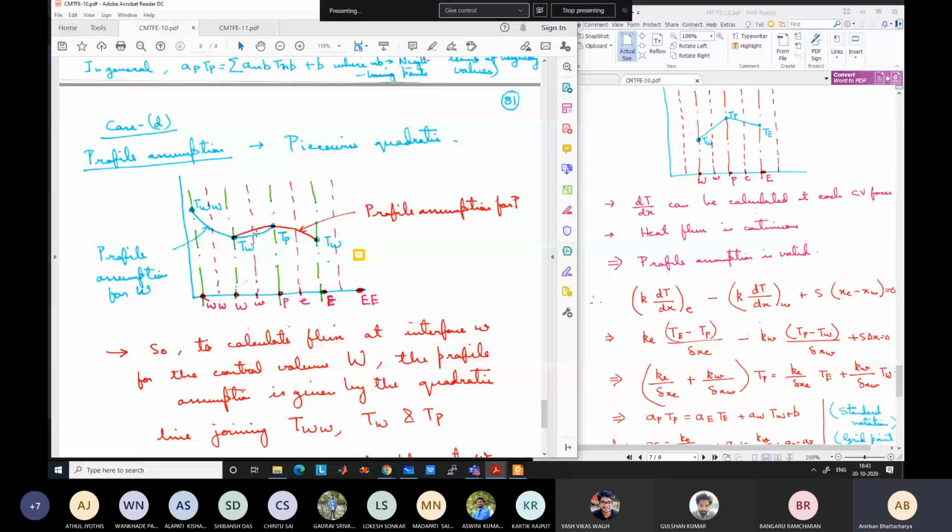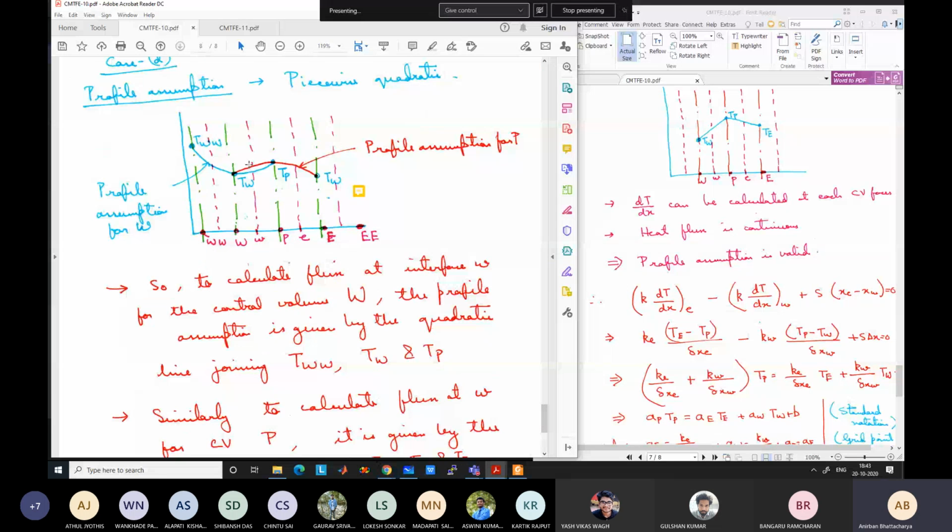Although it goes like this and it goes like this, the slope becomes the same. Fortunately, in that case, it is physically consistent. But in other cases, when we have different size control volumes, the slope will be different and you will get error. So we have to be very careful about the profile assumption.